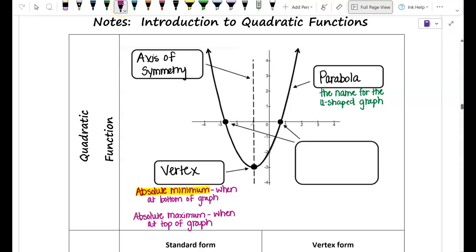And we said this is the line that divides the parabola into two congruent halves. Yes, that divides the parabola into two congruent halves.